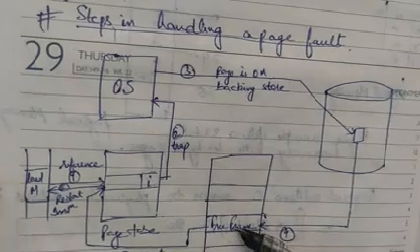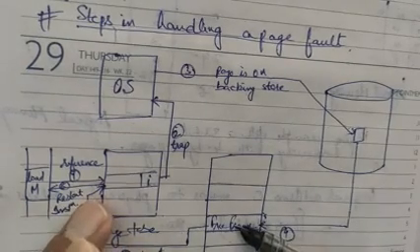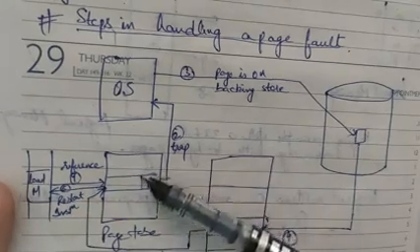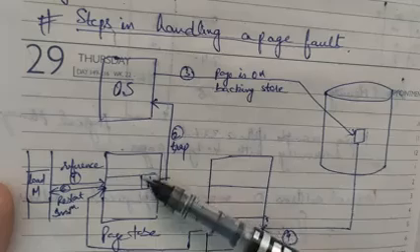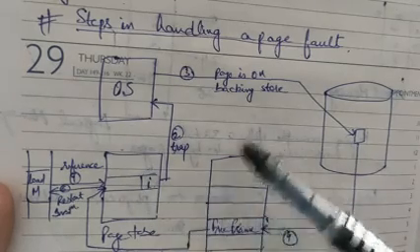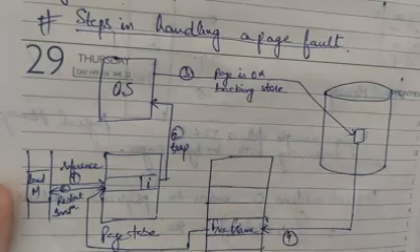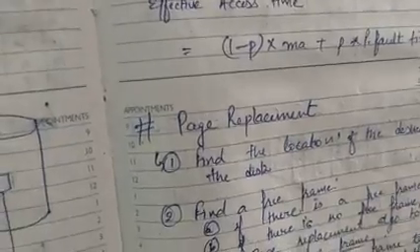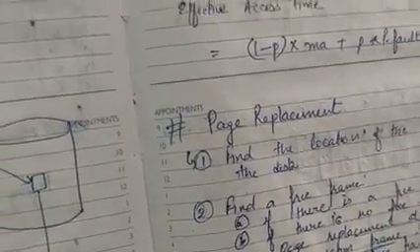Then we are supposed to reset the page table. That means the bit previously stored as invalid needs to be stored as valid. After that, the instruction will be restarted. These are all the various steps.